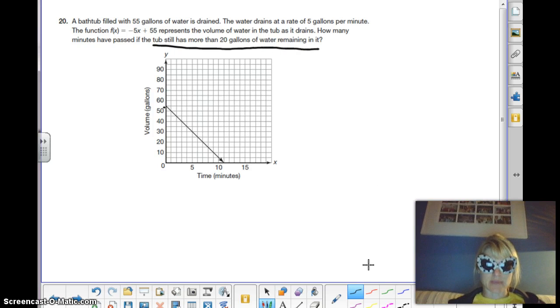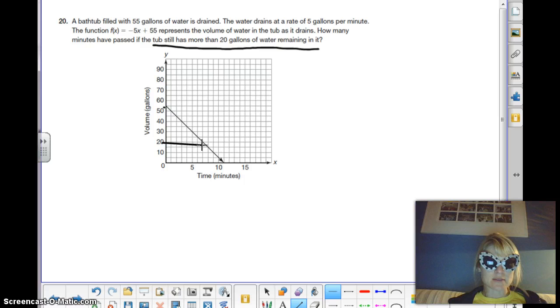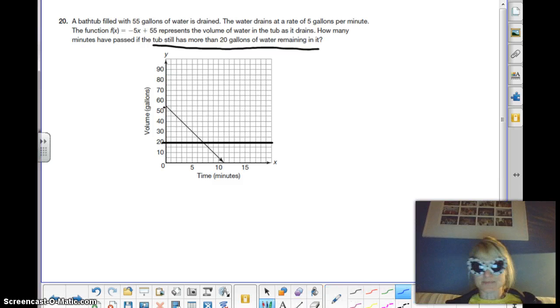Okay, so I'm going to look at my line here because I want to look at when it's at 20 gallons, right? So here's the 20 gallon mark, okay? So it's asking when the tub has more than 20. Well, more than 20 is this range right here, right? So I'm talking about this part of the graph, right?